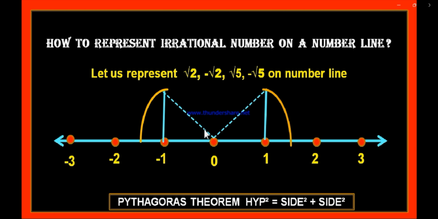Similarly, on this side also, you keep the point of the compass at 0, stretch the compass up to this point and draw an arc like this. This arc may cut the number line on the negative side also. Now we know that this length is equal to root 2 units and this length is also root 2 units. Therefore, the distance from 0 to this point of intersection is plus root 2 units, and the distance from 0 to this point of intersection on the negative side of the number line is minus root 2 units.